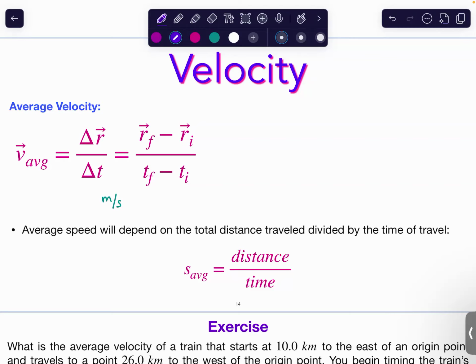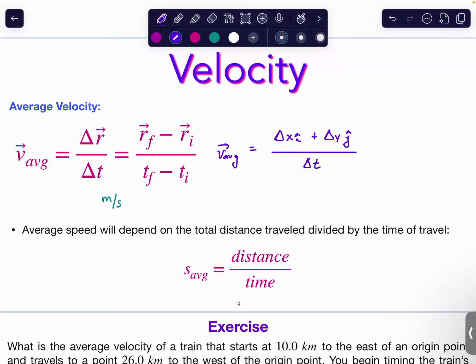So the thing you notice is this delta R can also be broken into components. And this rate of change here is known as your average velocity. So your delta R is also going to have components, delta x i hat plus delta y j hat, over delta t.